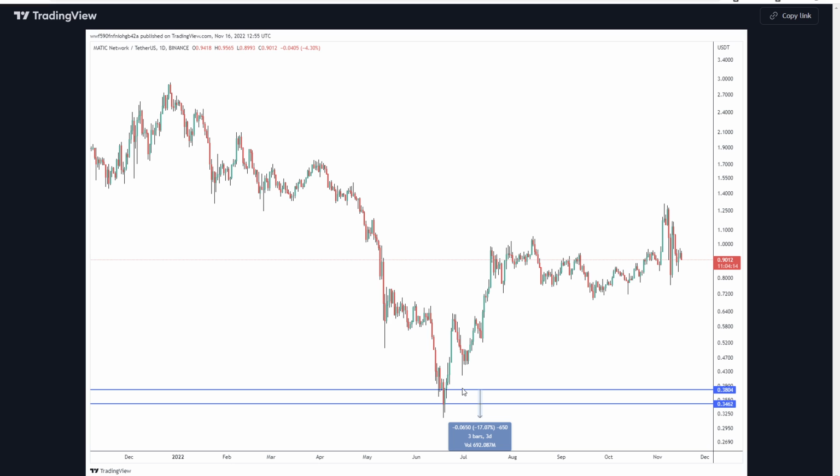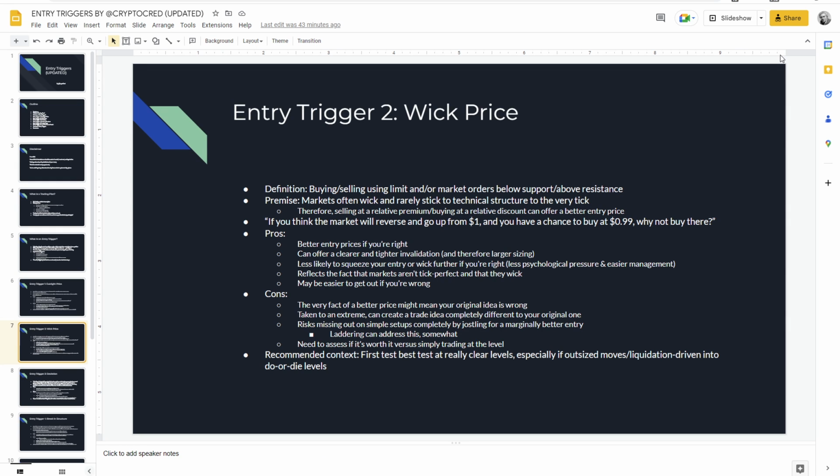So it puts you in a stronger position to manage the trade, because even if you're wrong in buying that support, because your entry was so good, you have more bandwidth to manage that trade and close it for profit or close it for break even, or just not eat the full size loss, because your entry accounts for that, right? So it gives you trade management benefits there as well, which are important.